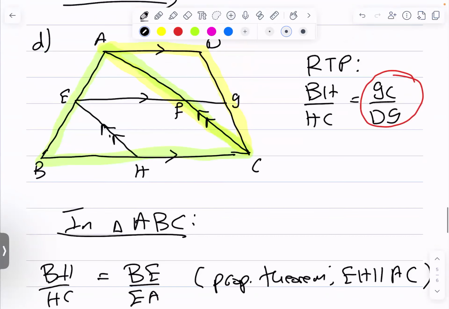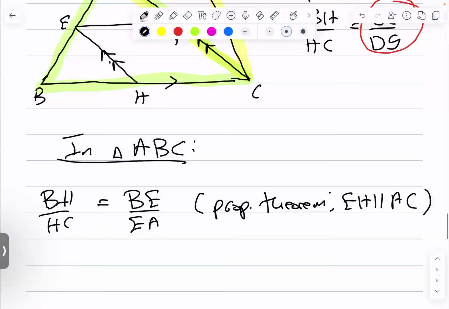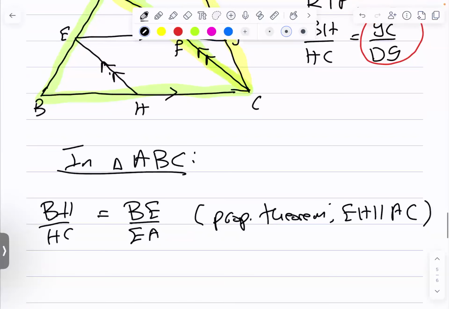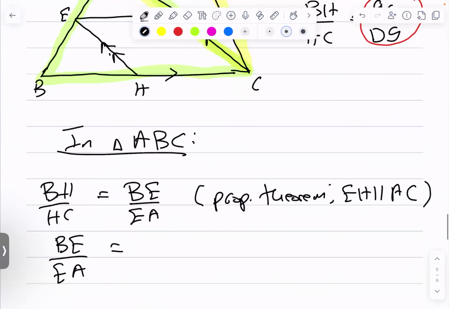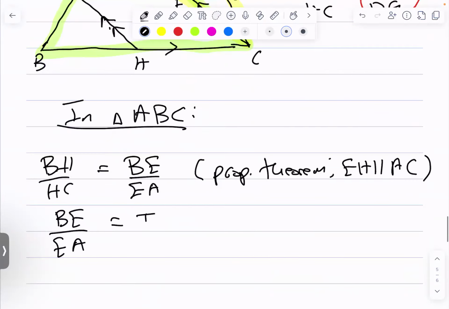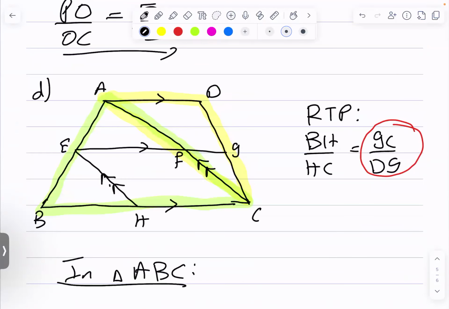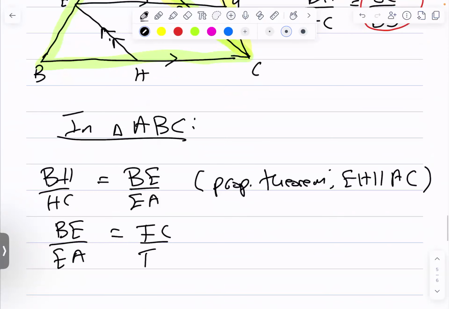All right. So you are saying that we should now entertain BE over EA and equate it. BE can be equated to FC and FA must be equated to EA.